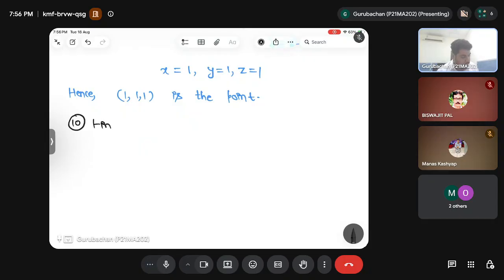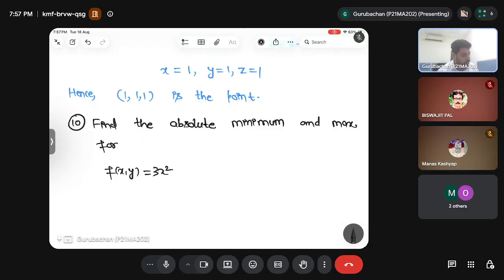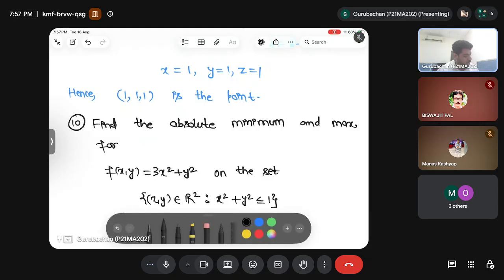So find the absolute minimum and maximum for f(x, y) is equal to 3x square plus y square on the set (x, y) in R square. Any idea how we can do this one?